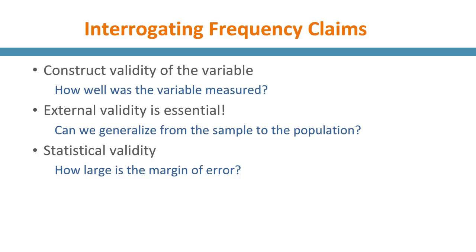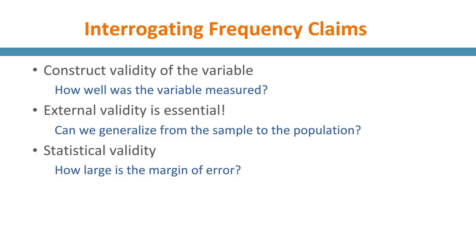So how did they get at that number? Did they go ask the teens if they have ever considered it? When they asked the teens, did they ask them face to face in an interview? Did they do it through a survey? Was their name associated with that survey? Did they do it through a phone survey? Did they do it through a Facebook poll? So all of those things will affect the construct validity.